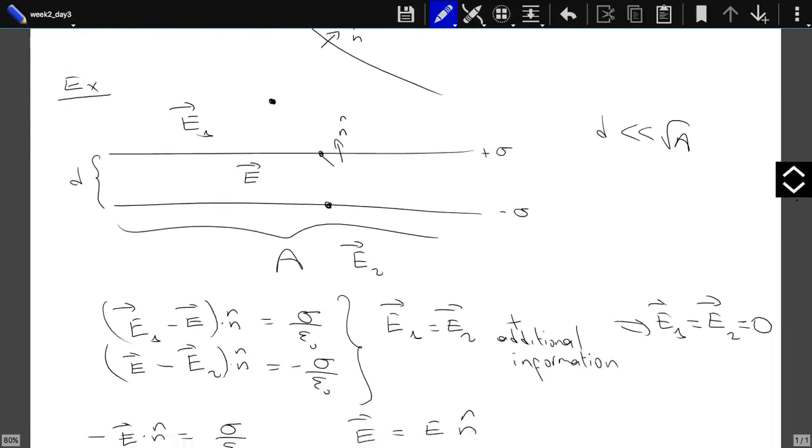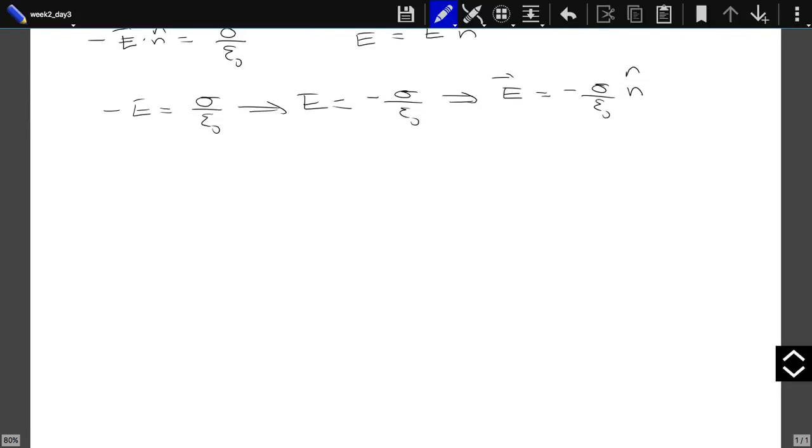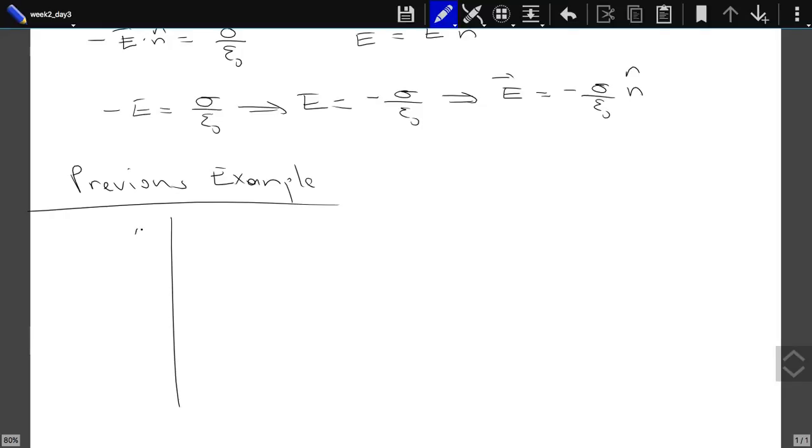If you go back to our previous example, well, if you look at your notes at our previous example, of this infinite wire with linear charge density lambda, we first said that, okay, the electric field, we don't know what it is, but it should have this form.